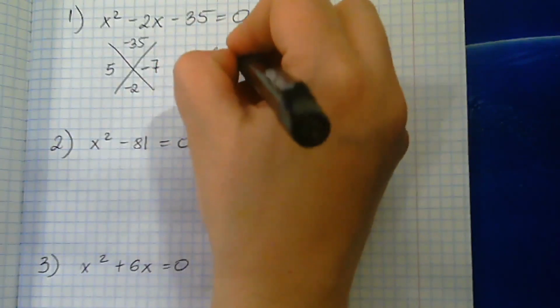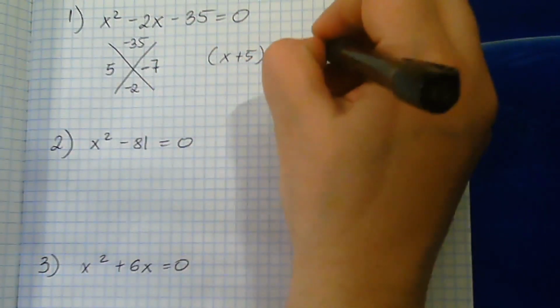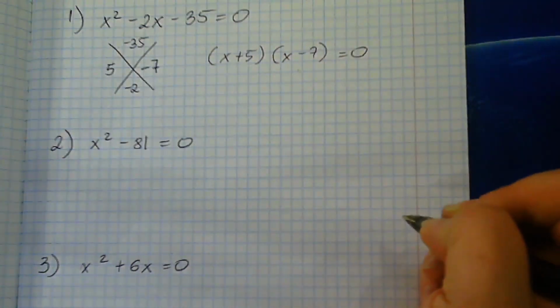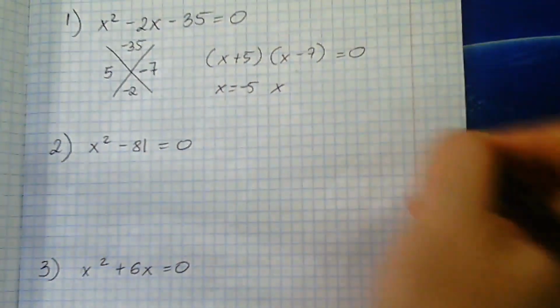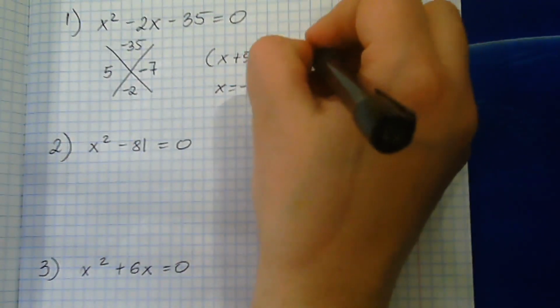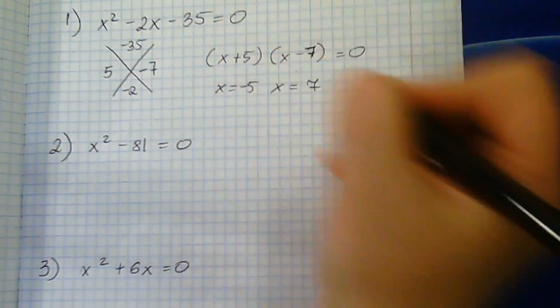So the factors will be positive 5 and negative 7, but your final answer should be negative 5 and positive 7.